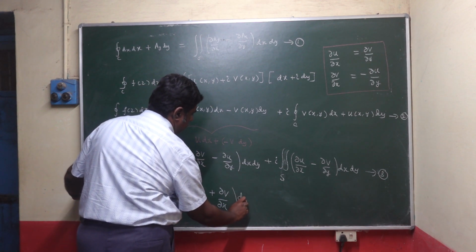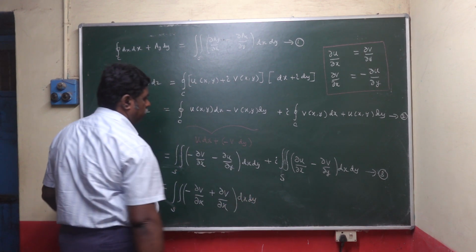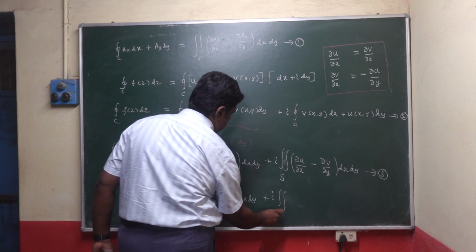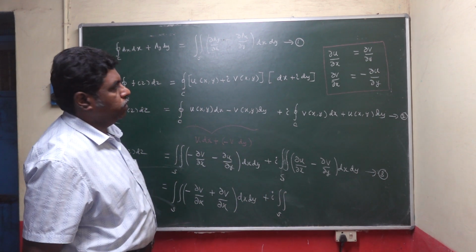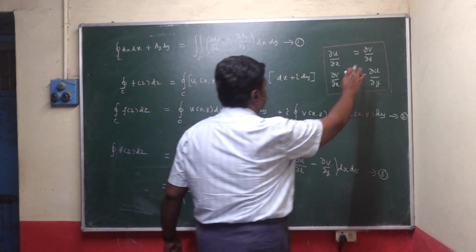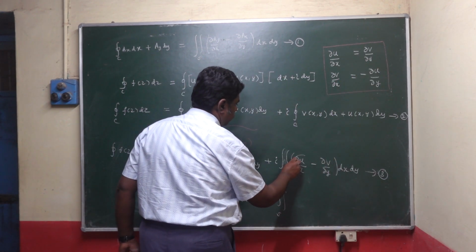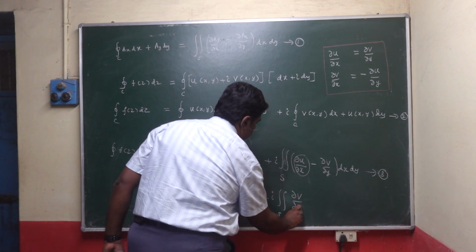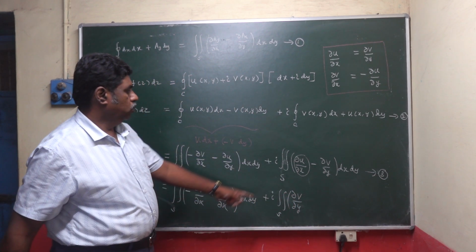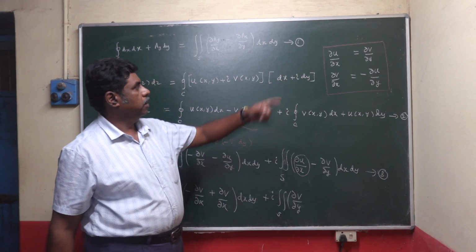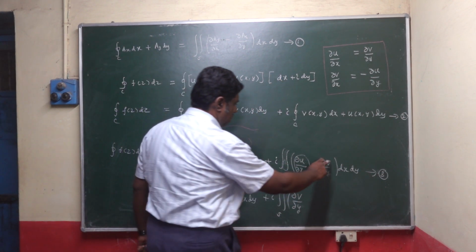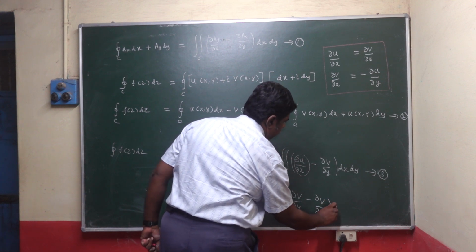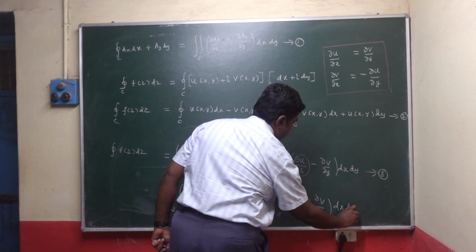Entire is multiplied by dx dy plus i into dou u by dou x is our dou v by dou y. So instead of this dou u by dou x, we have to put dou v by dou y. Dou u by dou x should be replaced by dou v by dou y minus dou v by dou y. This is multiplied by dx dy.